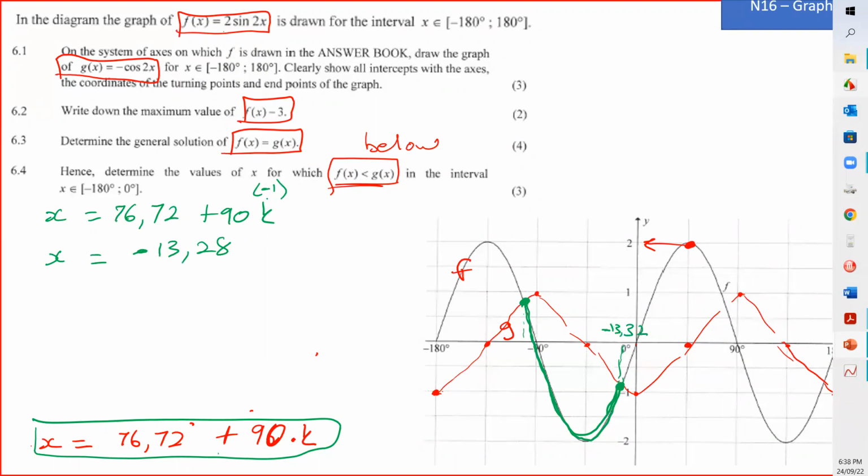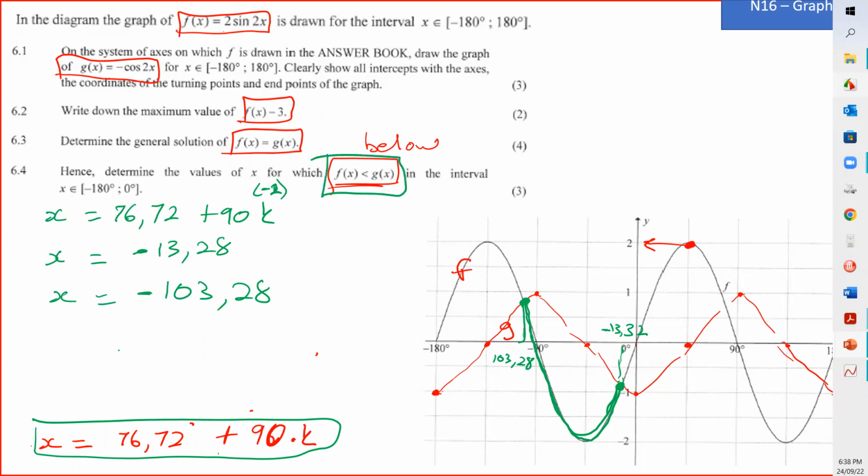And next, I'm going to put k to be -2. If I put k to be -2 in there, 76.72 plus 90 times -2, I should get x to be equal to minus 103.28. So there's our 103.28.